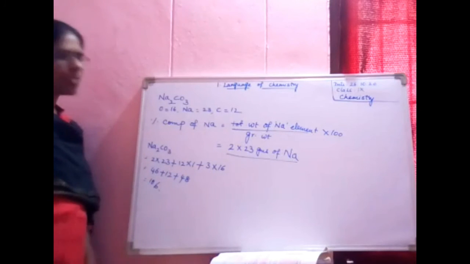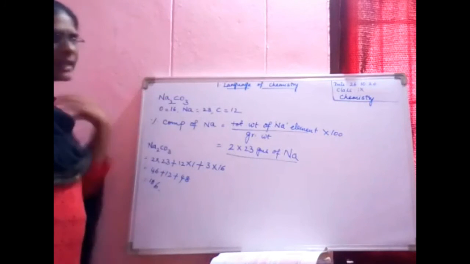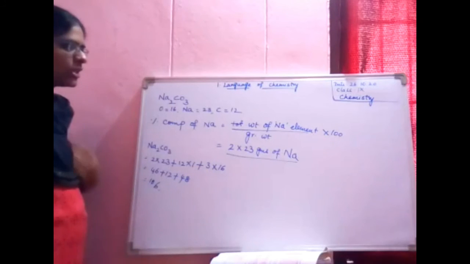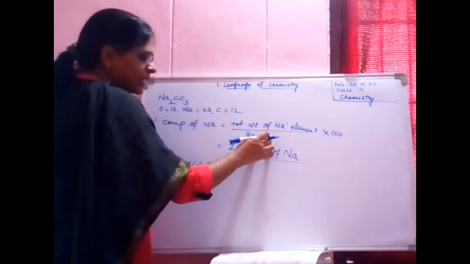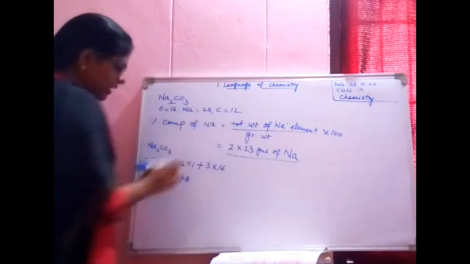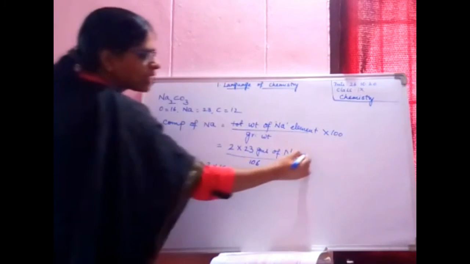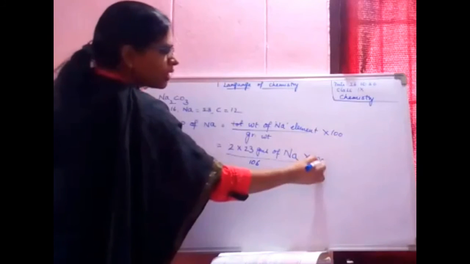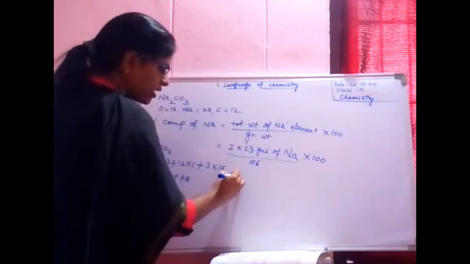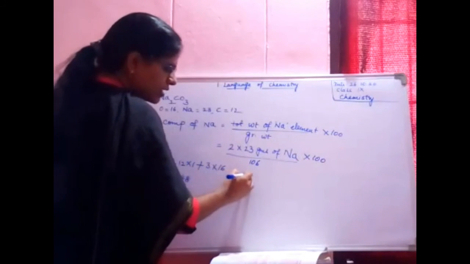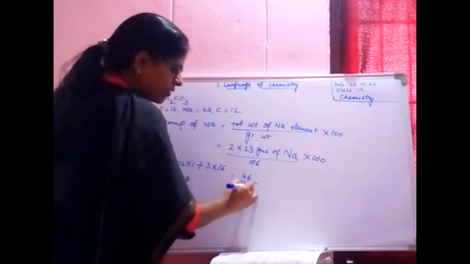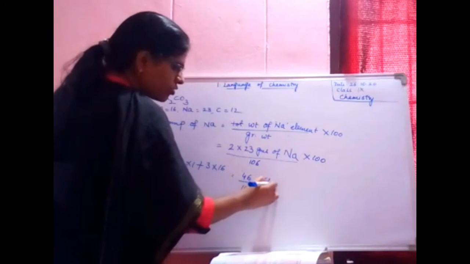This is the gram molecular weight of Na2CO3. Hence, in place of gram molecular weight, we are getting 106, into 100. Look here: 2 into 23 is 46, by 106, into 100.